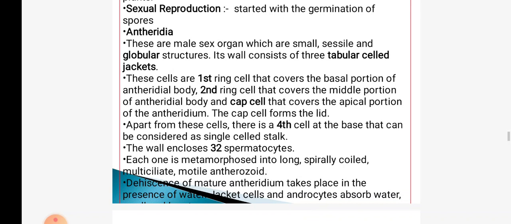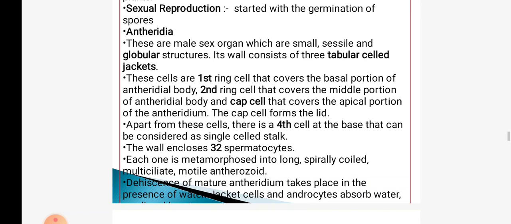These are first ring cell that covers the basal portion of antheridial body, second ring cell that covers the middle portion of antheridial body, and cap cell that covers the apical portion of the antheridium.